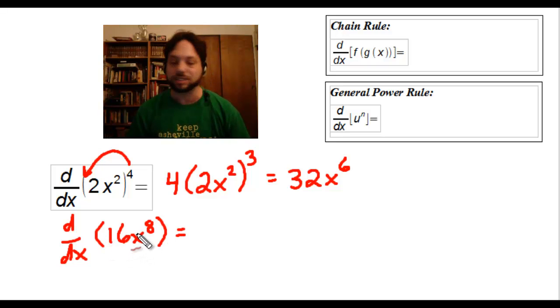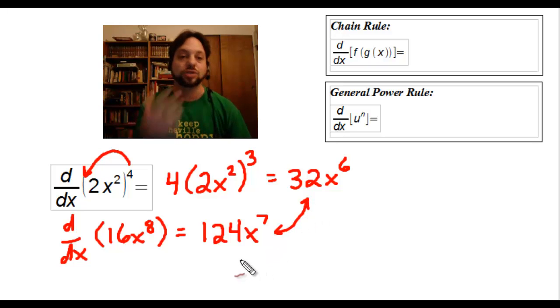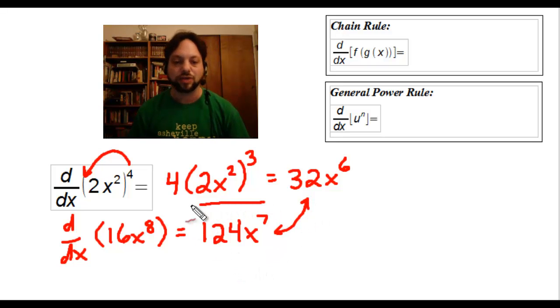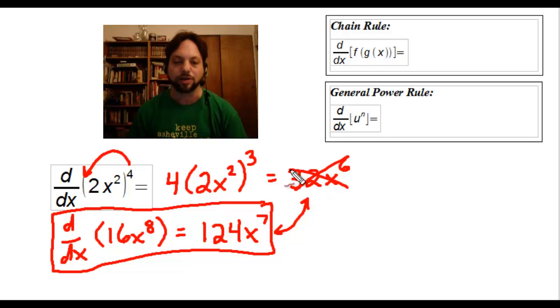Well, 16 times 8, that's going to give us 128x to the seventh power. And clearly, these are not the same. So something went wrong. I will tell you that this is the correct answer if we go about doing everything right. So what went wrong here?